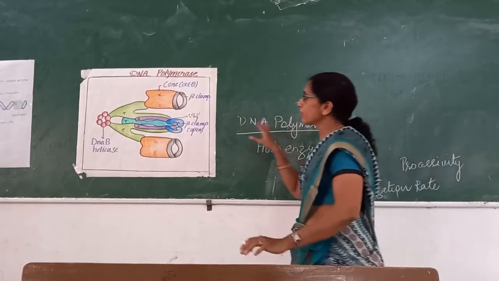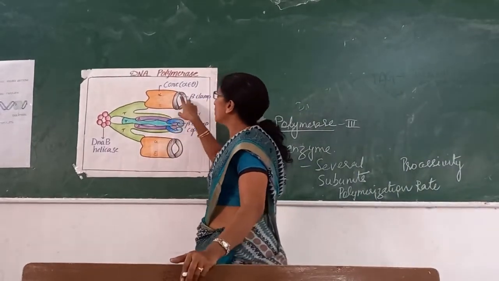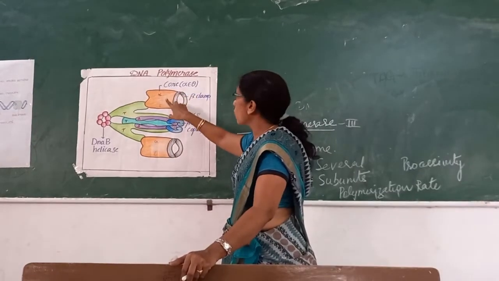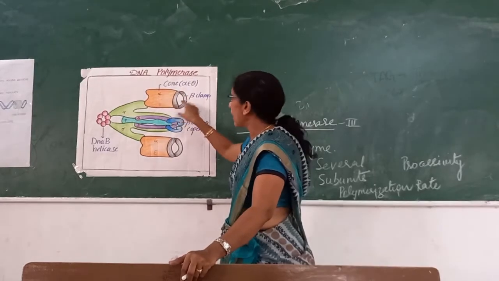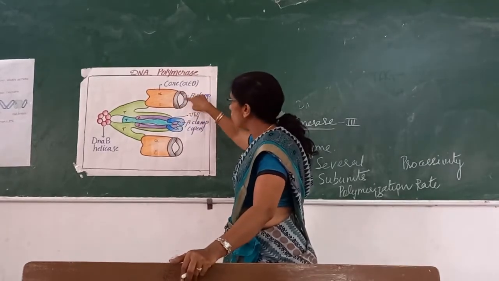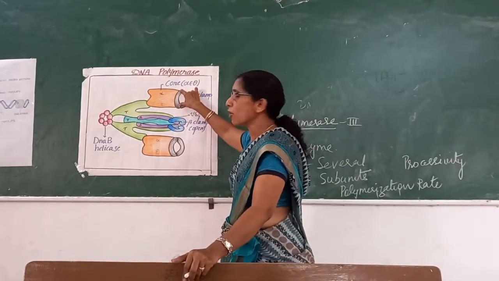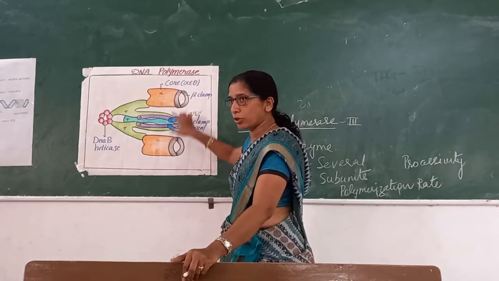So see the diagram here. It has several subunits. The major part is called the core. The core consists of alpha, epsilon and theta, and there are 2 units of beta. There are 2 types of core, 2 units of core.